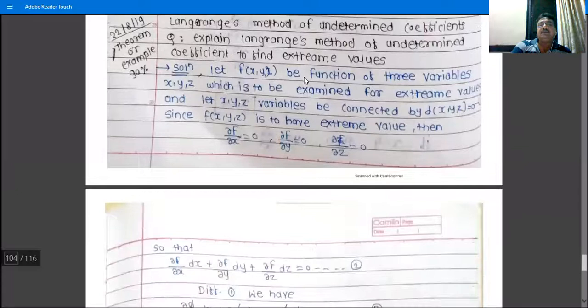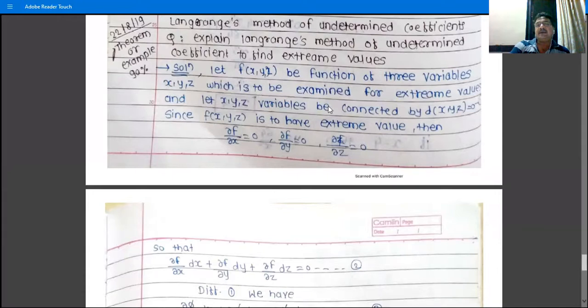So let f(x, y, z) be a function of three variables x, y, z, which is to be examined for extreme values.